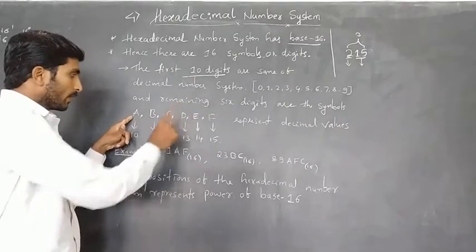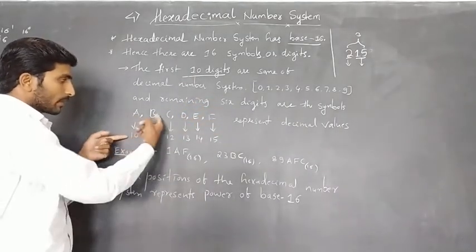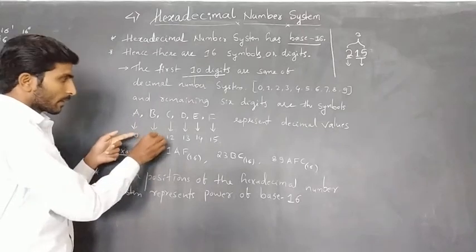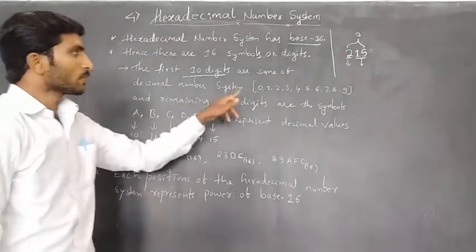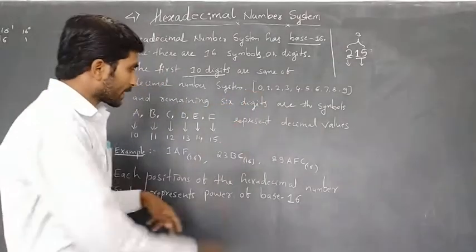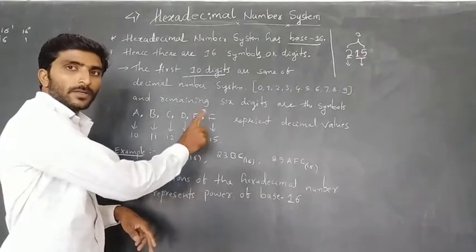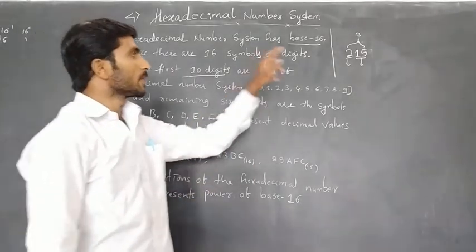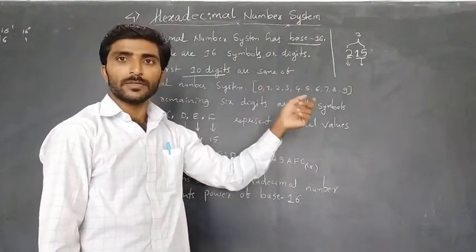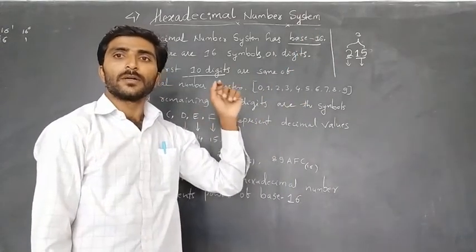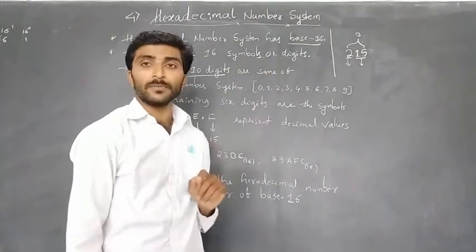They represent decimal values: A means 10, B means 11, up to F, which means 15. The lowest value is 0 and the largest value is 15, or F. That means you subtract 1 from the base, 16, and the largest value is 15. How do you find the largest value in each number system?